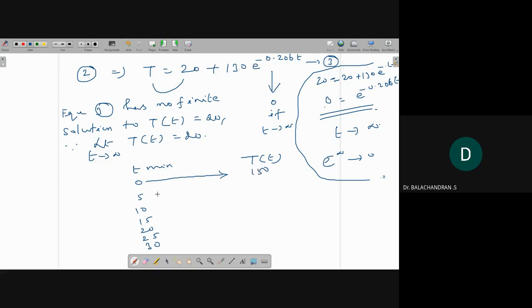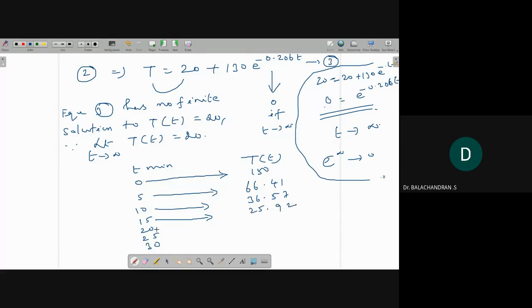So 130 plus 20 is 150. Similarly at 5, substitute t equal to 5. I got, please check it, 66.41. At t equal to 10, I got 36.57. At t equal to 15, substitute here, you will get 25.92.